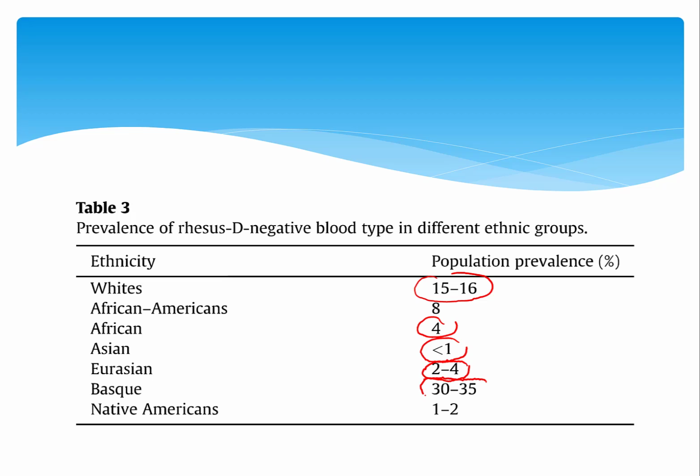Basques, people who are living in the Basque region of the Iberian Peninsula, in Spain, where Barcelona, a famous city, is. This is thought to be the area where the Rh antigen originated.